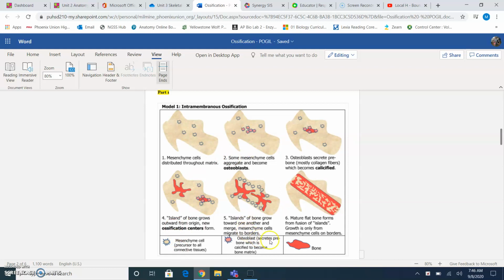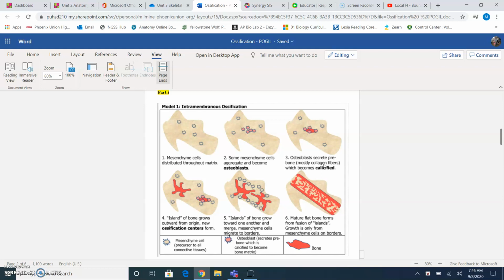Osteoblasts secrete prebone, and that prebone ends up becoming calcified, and then that calcified prebone becomes bone matrix. So I see these osteoblasts aggregated, and then in step 3, they start to secrete that prebone. The prebone is made up of collagen fibers, and we can think of it as being cartilage in nature.